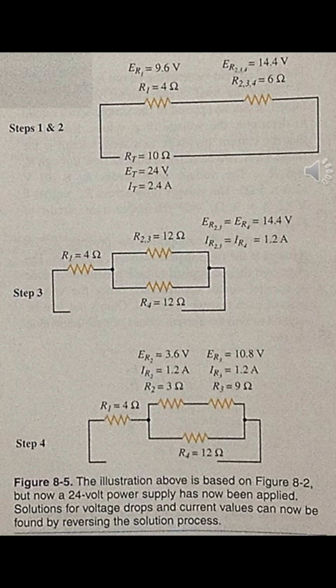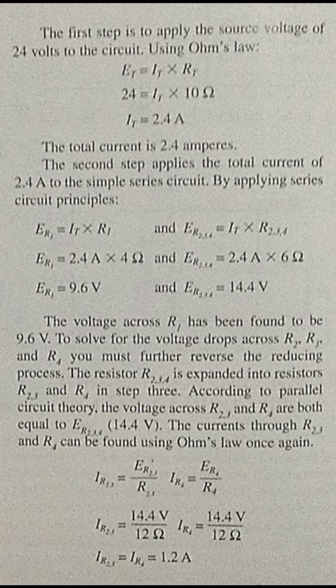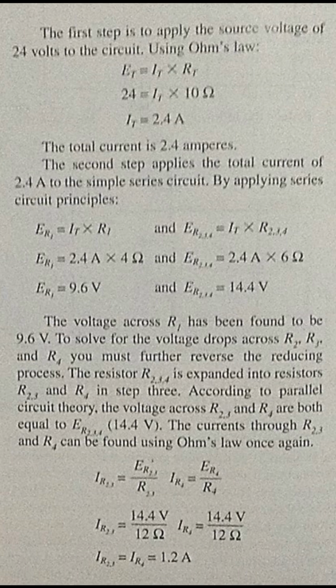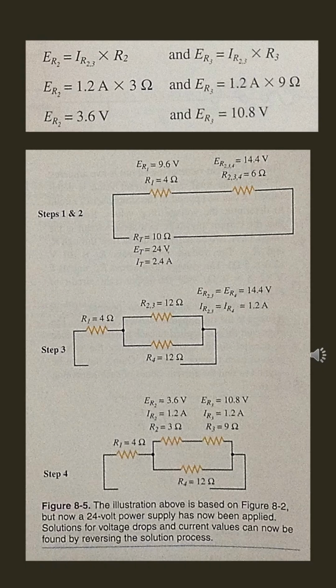The current at R23 equals the voltage drop at R23 divided by R23, so 14.4 volts divided by 12 ohms equals 1.2 amps. The current at R4 equals the voltage drop at R4 divided by resistance 4, which is 14.4 volts divided by 12 ohms, again equal to 1.2 amps. The final step is to find the voltage drops across R2 and R3.